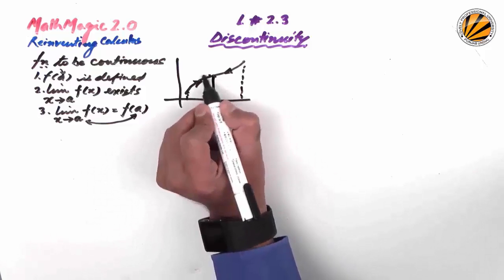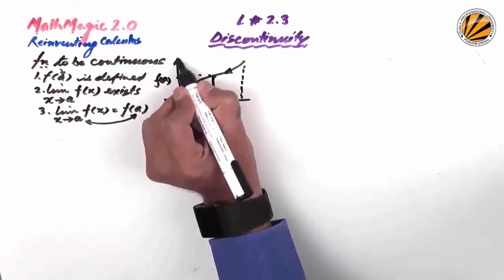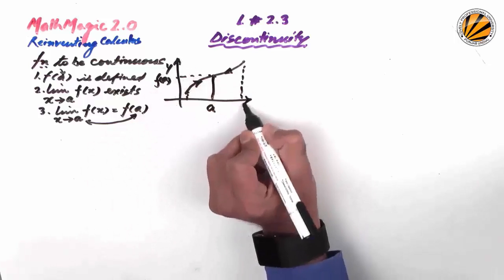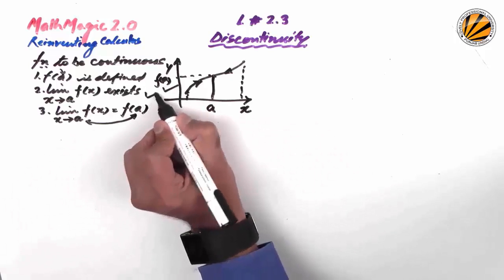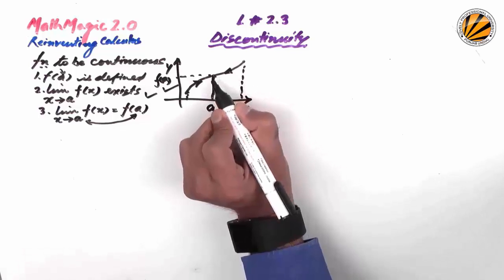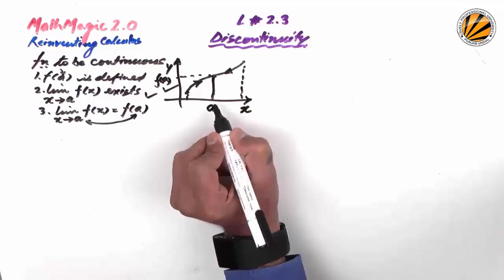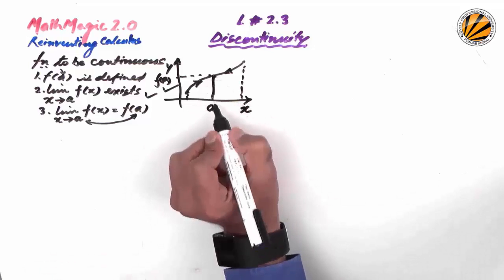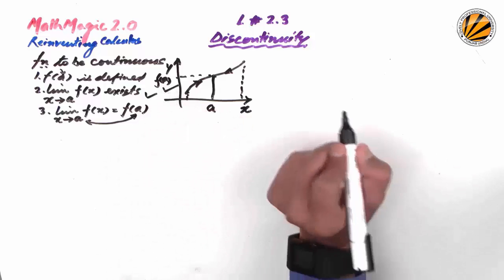F(A), the output of this function, is defined. This we know is the output and this we know is the input. It is defined, number one. Number two, the limits approaching from both the left and the right exist, and the value of this limit at this point is the value of the function at A.